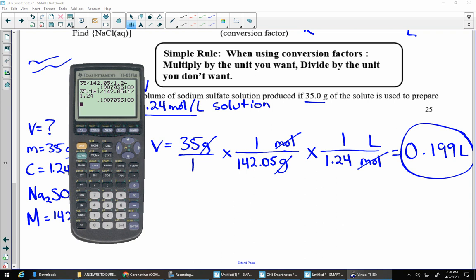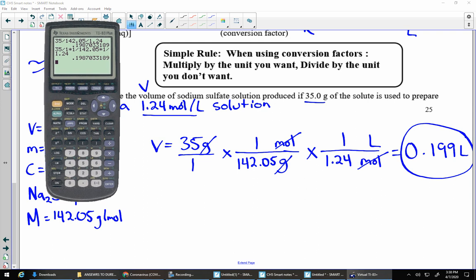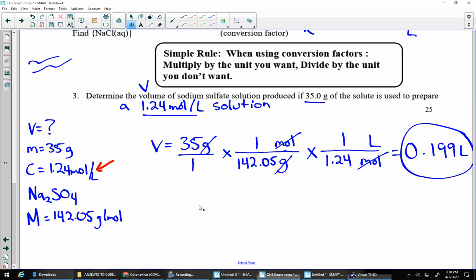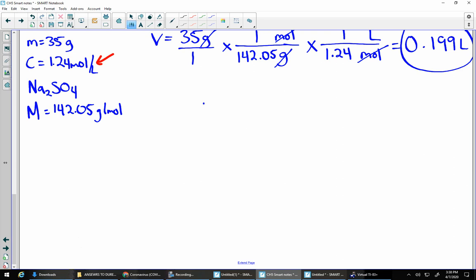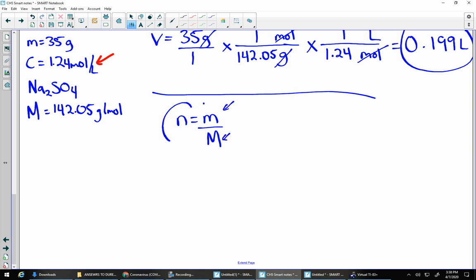Cool. If I wanted to look at this, and just for the sake of seeing what we're looking at here, we could use the formulas for this as well. So I could use n is equal to mass divided by molar mass. So I know the mass, I know the molar mass, we could definitely solve for n. And then I could use C is equal to n divided by V. Now I need to rearrange this one a little bit.